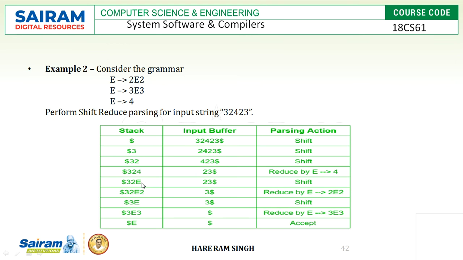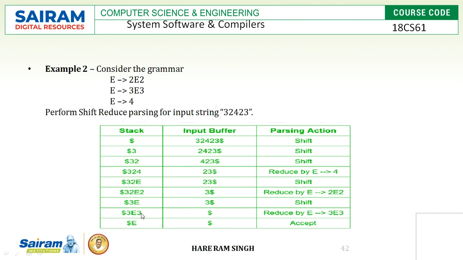So here 4 is reduced, next again 2 will come. Next shift 2 will come here. So 2E2. Again the reduce operation can happen because 2E2 can be replaced with E. So reduce by E generates 2E2. So 2E2 will be reduced to E. Again 3E and here 3 is there.